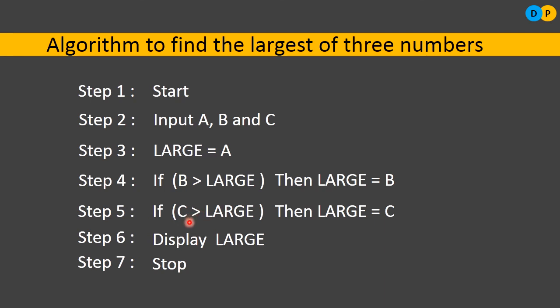On the other hand, if C is greater than large, once again we consider a new large value, that is C. At last, we display the largest value. So this is how we develop an algorithm. In this video, we have studied what is meant by an algorithm and how to develop an algorithm. Thank you.